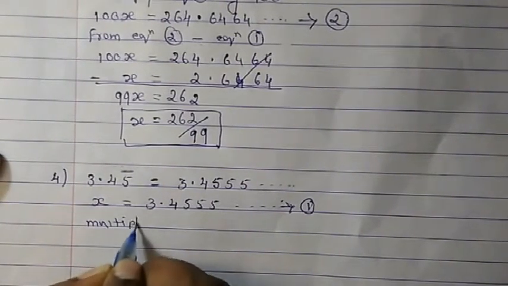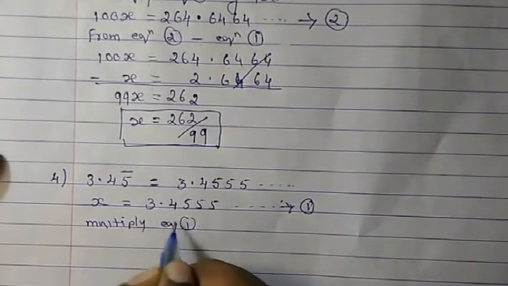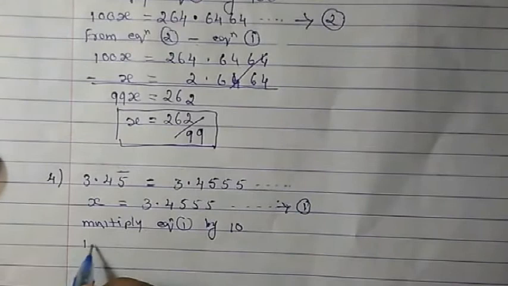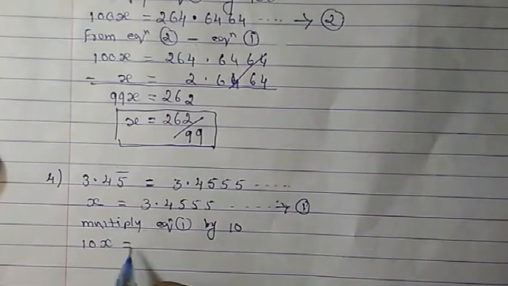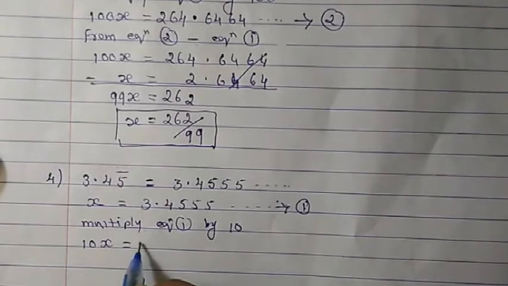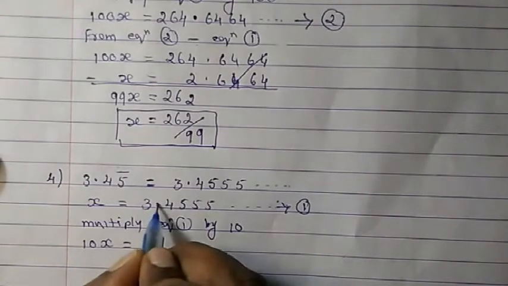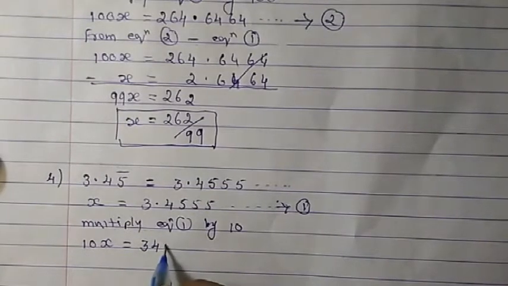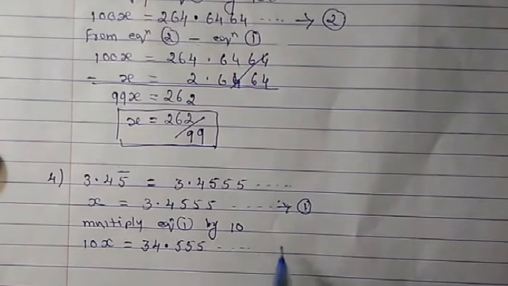So when you multiply equation 1 by 10, what will we get? We'll get 10x equal to, now the decimal will shift 1 digit ahead. So we will get 34 point, then 5 gets repeated.